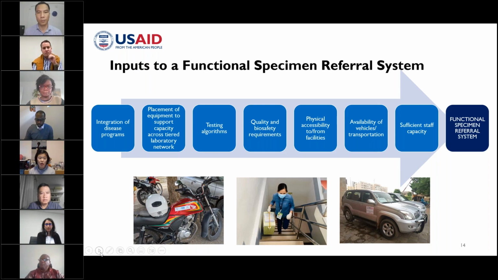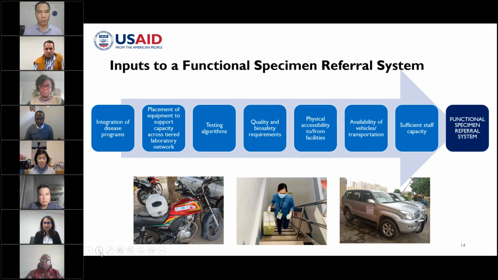How do the disease programs work together? Or are they very separate? Also, another consideration is where is equipment placed throughout the country? And also how is that equipment placed through the tiered lab network? So that's very important.